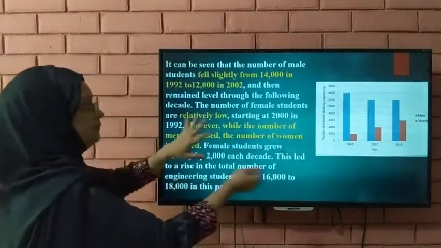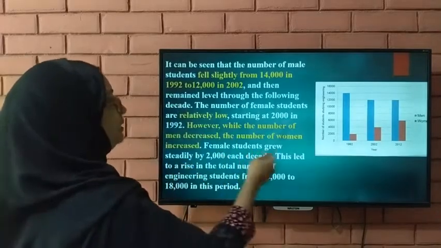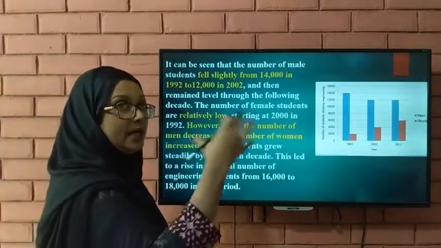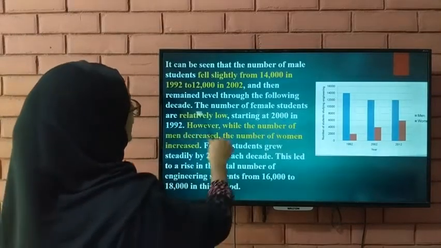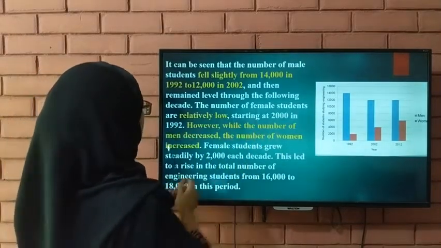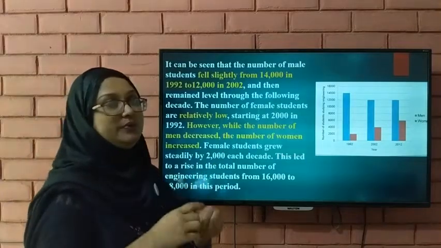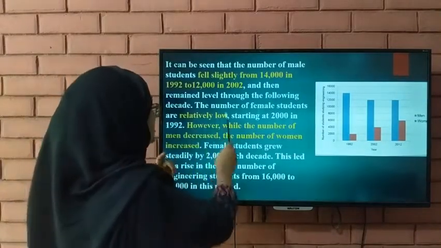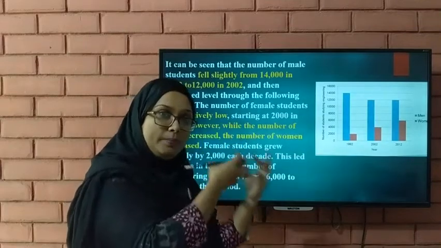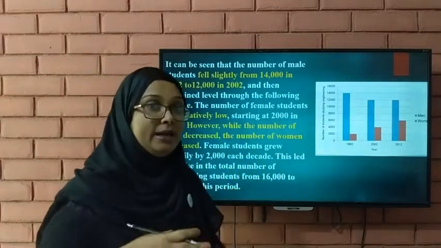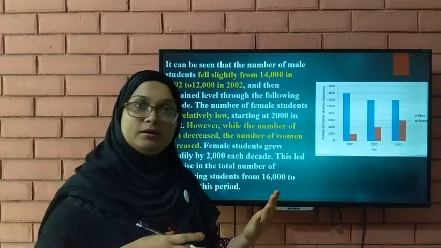But now, this is the description of the men category. Now come to the women category. What happened to them? The number of female students is relatively low. Look at the phrase relatively low. তার মানে in comparison to the male, the men, right?